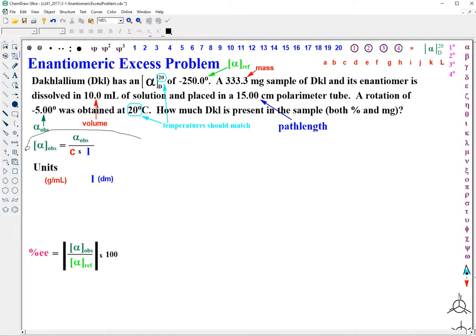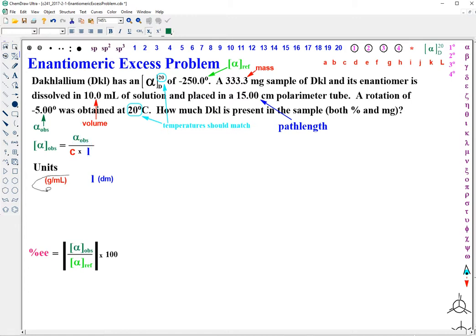Our two relevant equations are this one, whose job is to standardize. These are standard conditions when we see the square brackets. The job of this equation is to standardize the lab rotation by dividing it by concentration and path length.